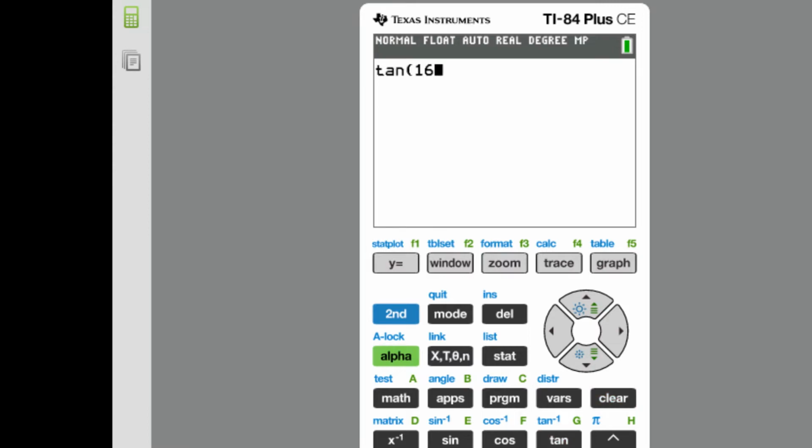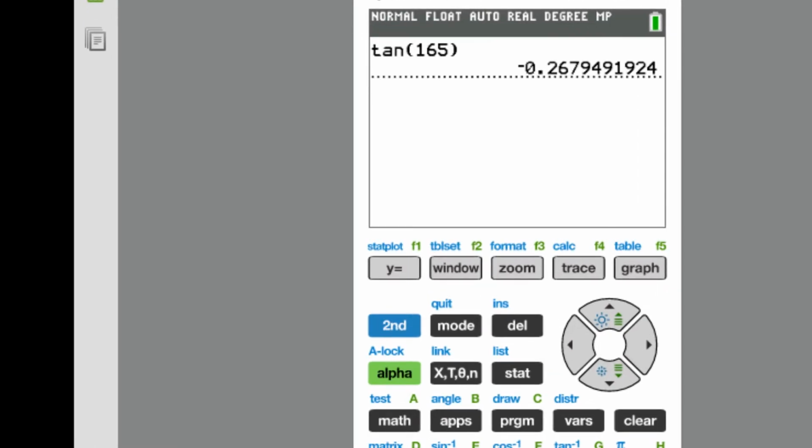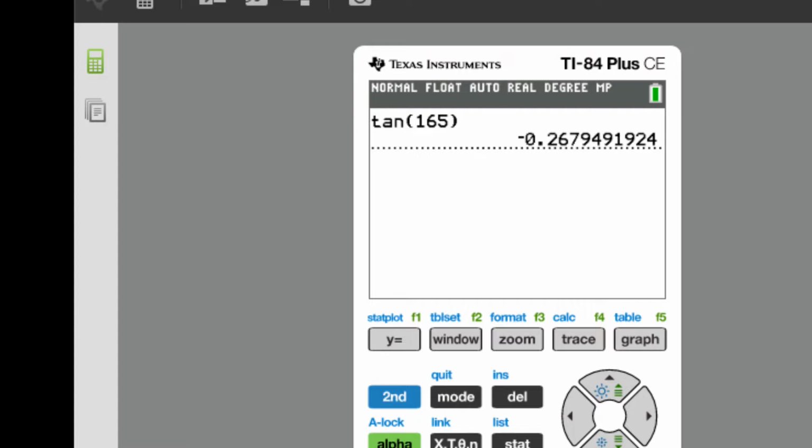Tangent 165, we know, is numerically this value here, negative 0.26798. And then negative 2 plus the square root of 3. Notice what you get. You get the exact same answer.